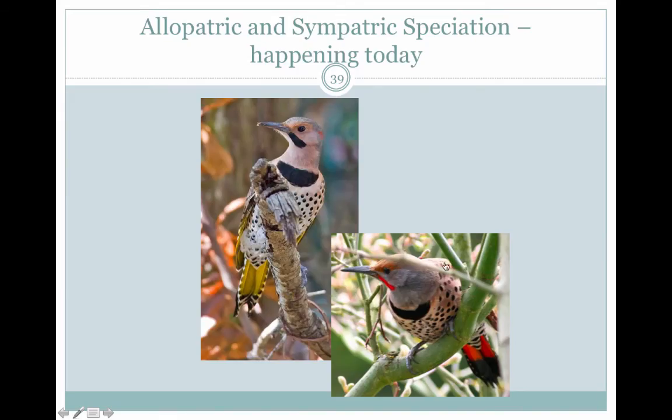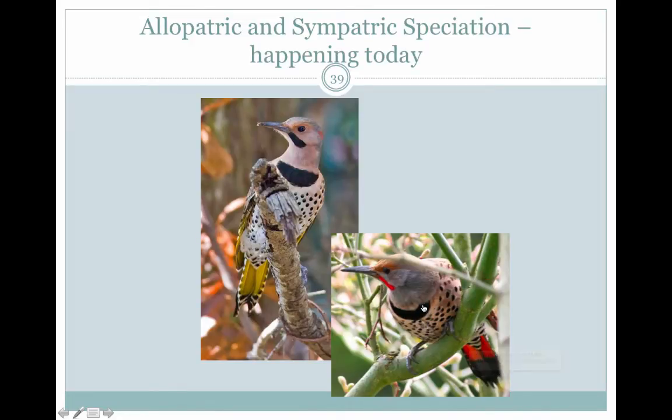All right, back to our northern flicker. Woodpeckers are, for lack of a better term, turned on by mustaches. So the yellow-shafted flicker, because they've developed this black mustache, lady yellow-shafted northern flickers are only inclined to mate with northern flickers that have a black mustache.